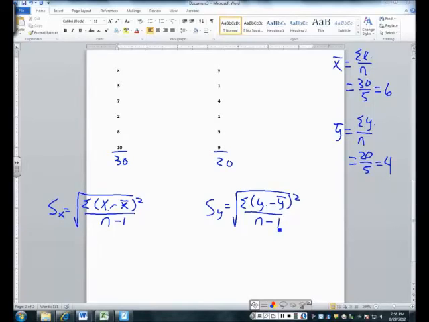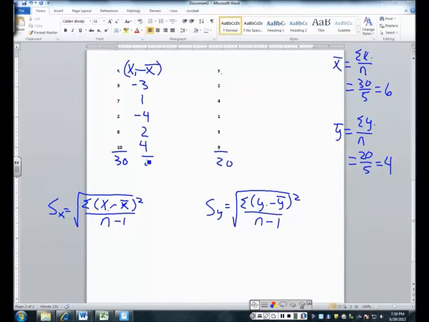So, coming up to my calculation table here, I had x sub i and y sub i. I'm going to take each x and subtract the sample mean, so I'm subtracting 6 from each one. I get minus 3, 1, minus 4, 2, and 4. And checking here, that does add to 0.